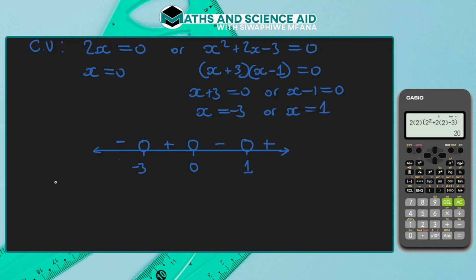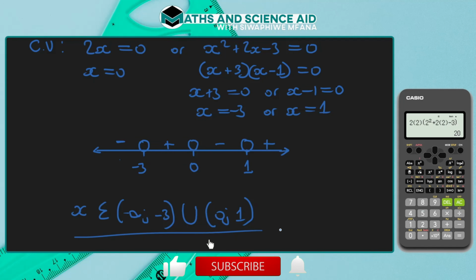We see that this expression is negative for x is an element of negative infinity to −3, and in addition, also for values from 0 to +1. So that's the solution for the last question. Simply like that.